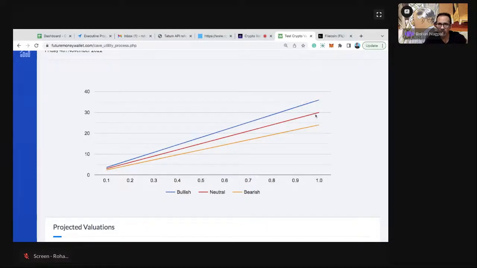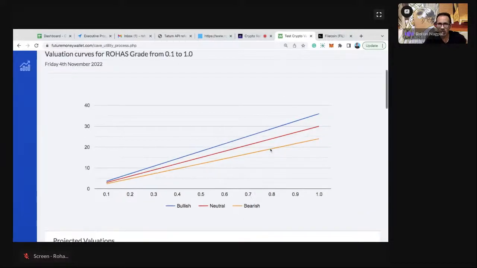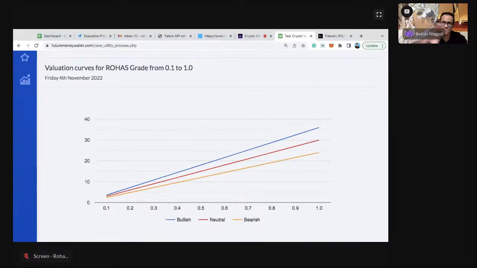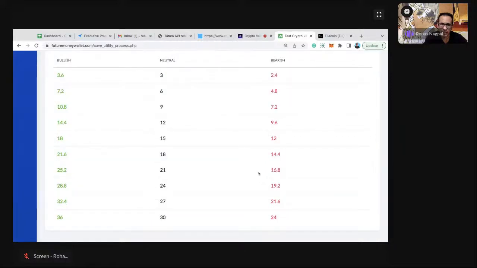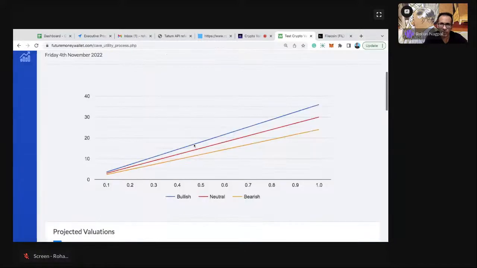This would be neutral and this would be bearish. So these are the three graphs also that it gives us. Any questions so far? I know it may sound a little complicated, but it's fairly easy to use. And this is where we can then map the entire thing. So you can either look at it here or you can look at it on these three graphs that are plotted.